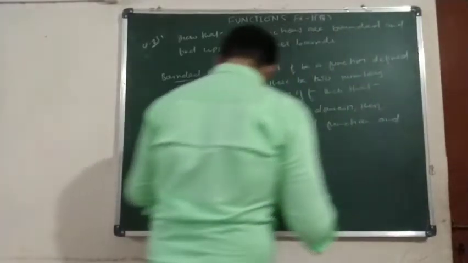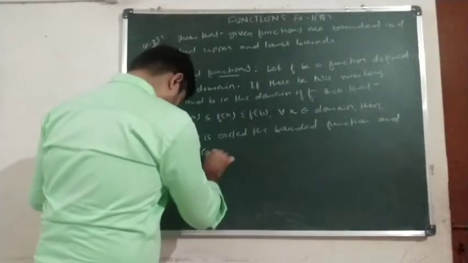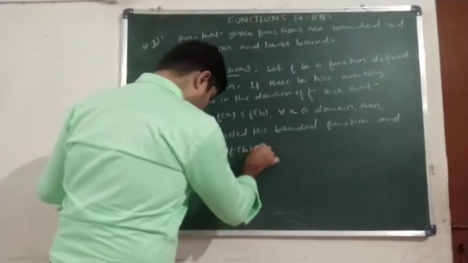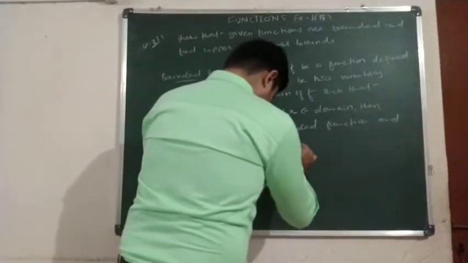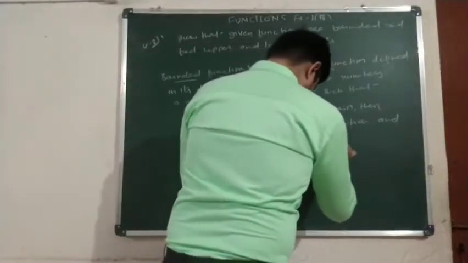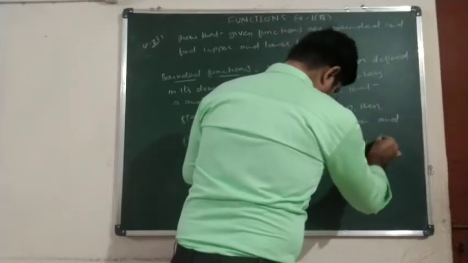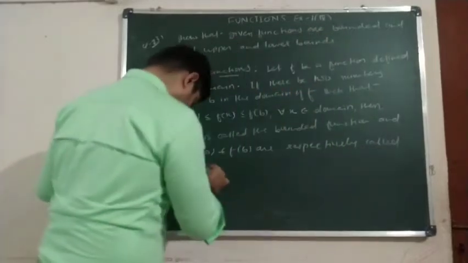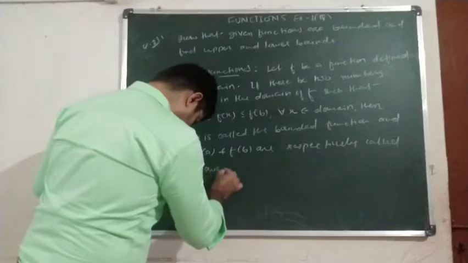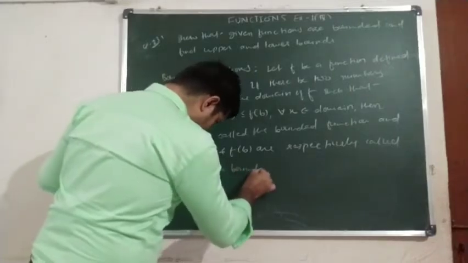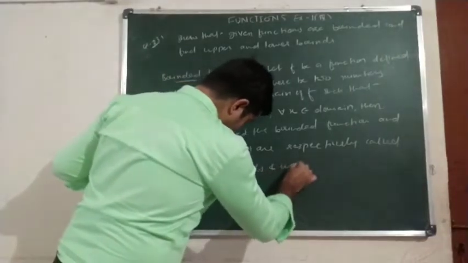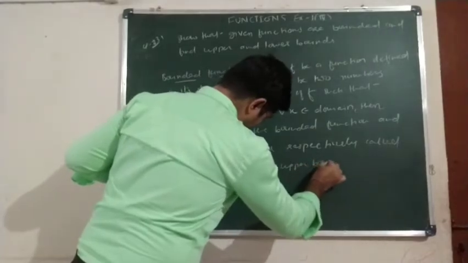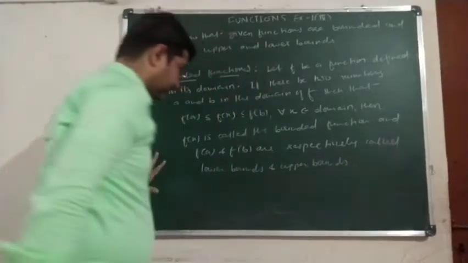and f of a and f of b are respectively called lower bounds and upper bounds. Clear?